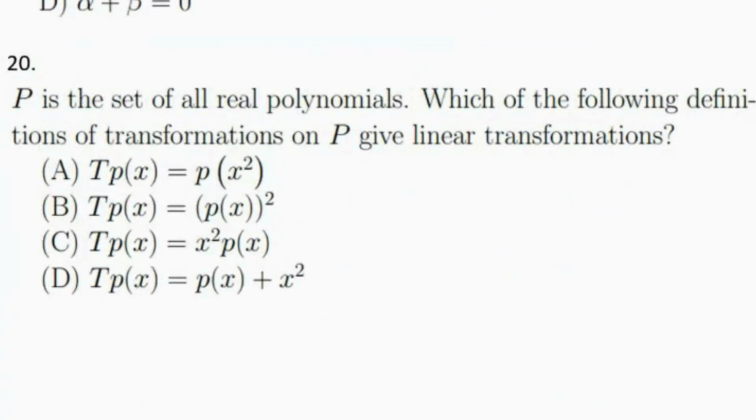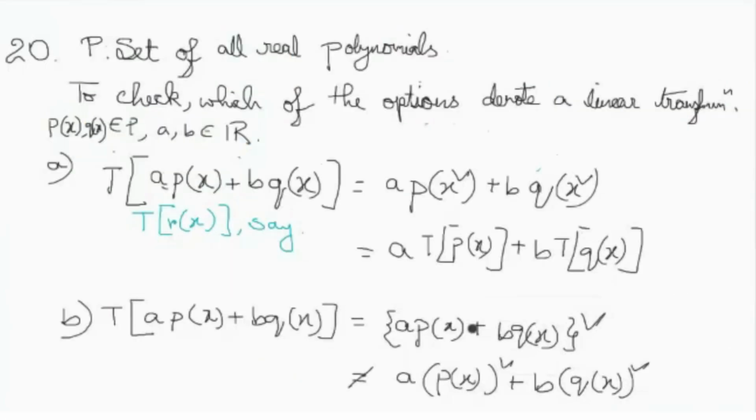So P is the set of all real polynomials. We are given basically 4 transformations on P, and we have to check which of them give a linear transformation. Now, we take 2 polynomials in the set P, P(x) and Q(x), and 2 real scalars a and b.